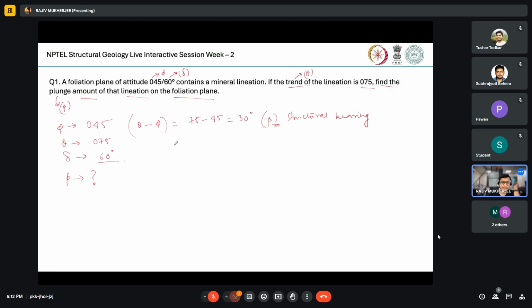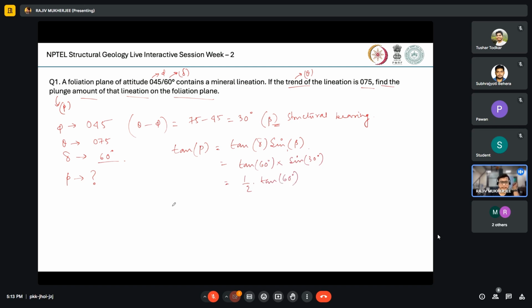So we can write the formula tan of p is equal to tan of delta and sine of beta, right? So tan delta means tan 60 degree times sine 30 degree. Sine 30 degree is half, so half times tan 60 degree.